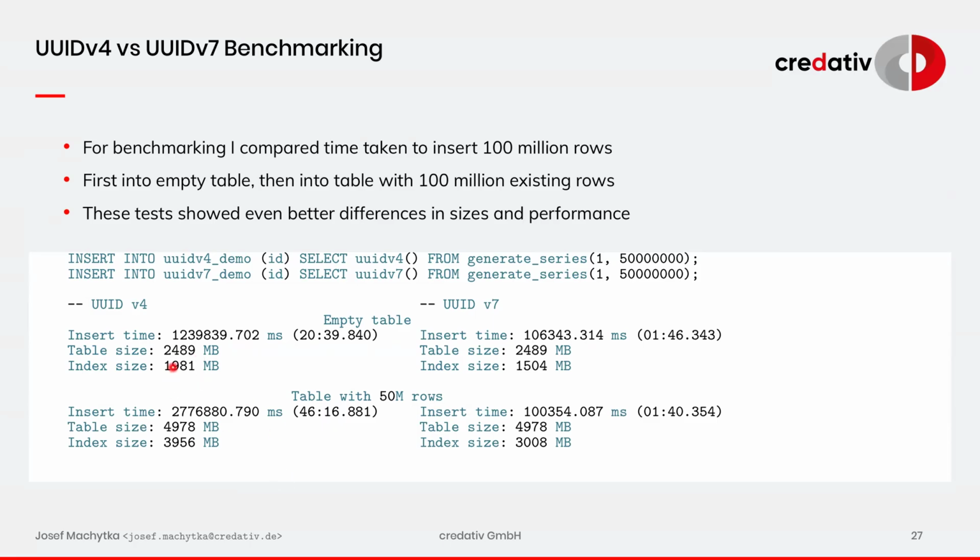But you can see growing differences in indexes. So even this very naive benchmarking, with just inserting these batches of 50 million rows, is showing that huge difference. This is the testimony to performance issues with UUID version 4.